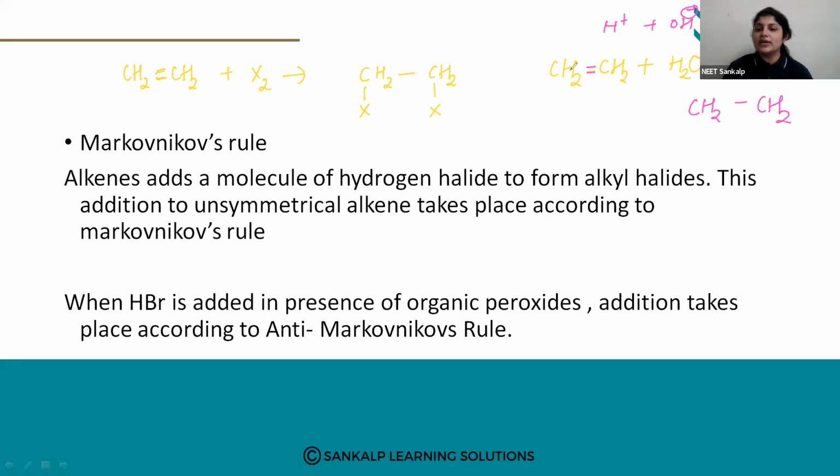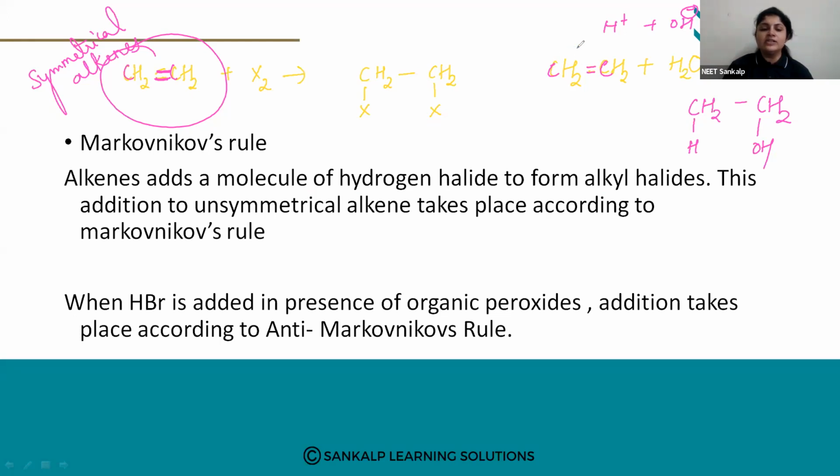Across the double bond, there are the same number of carbon atoms, so H can attack any of the carbon and OH can attack any of the carbon. These are called symmetrical alkenes. Why are they called symmetrical alkenes? Because across the double bond they have the same number of carbon atoms.